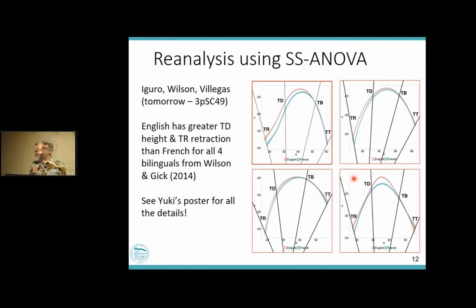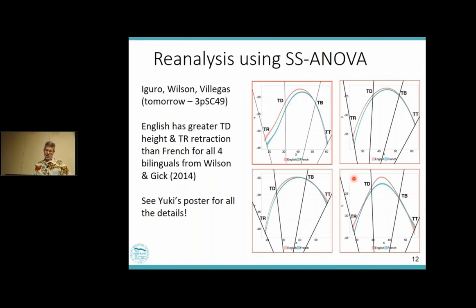Now, we have reanalyzed that data very recently, and a student of mine, Yuki Iguro, who's sitting down there, and I and Julian Villegas will present a poster tomorrow, and we used SS ANOVA to reanalyze the tongue curves.